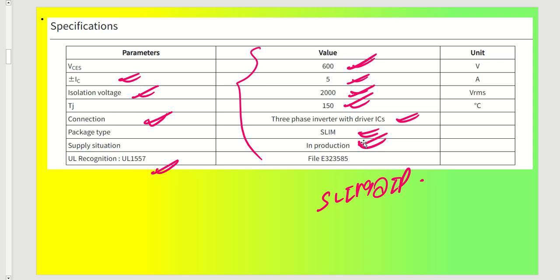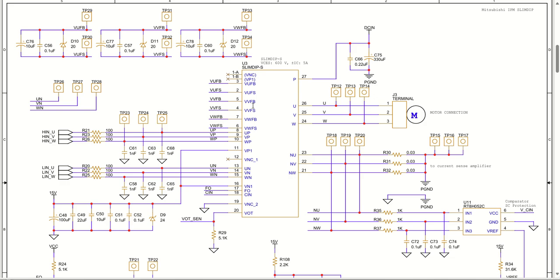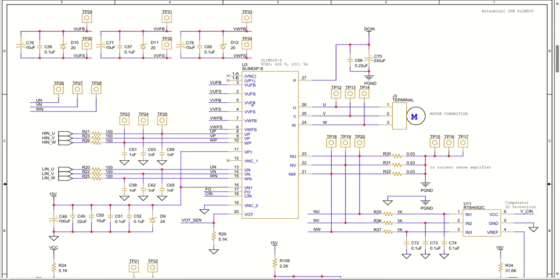Now we'll start with our circuit design. As you can see, this is the particular package that we are talking about, the SlimDip S package, and the symbol has been designed in such a fashion that you can see we have VUFB, VUFS.